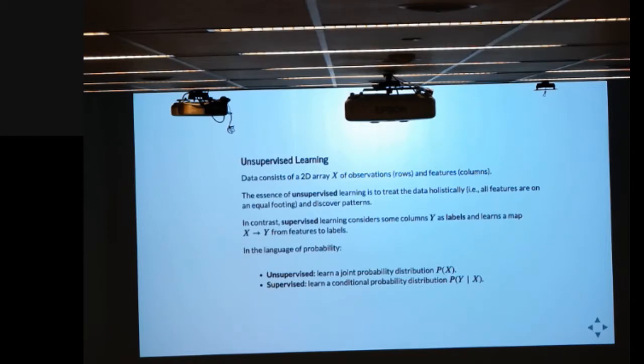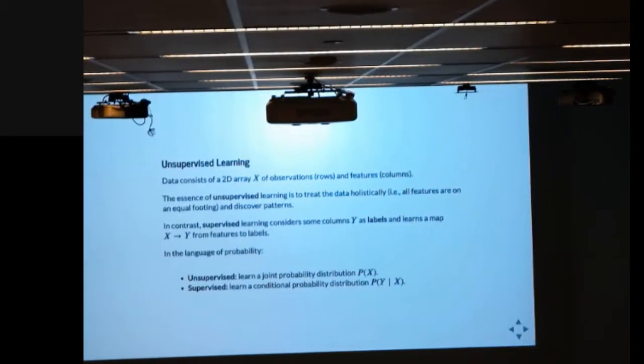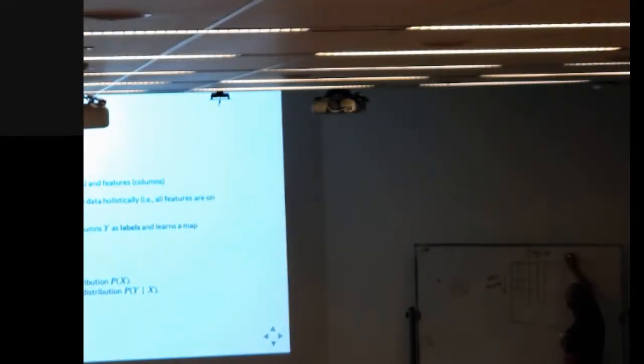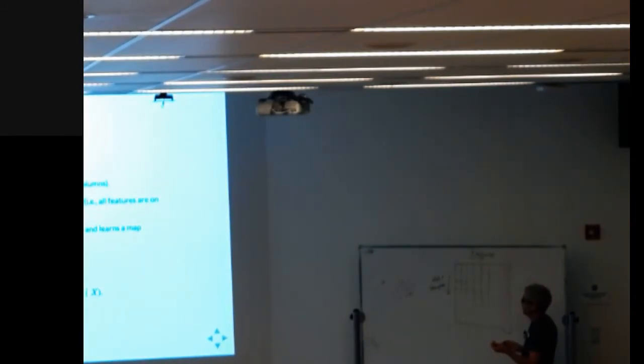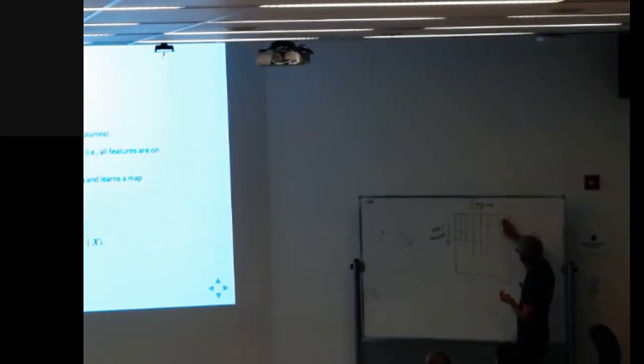To contrast that with supervised learning, in supervised learning we designate some special columns, one or more, in the data. We'll think of those as labels, somehow labeling each observation. And then we're going to try to learn a map.